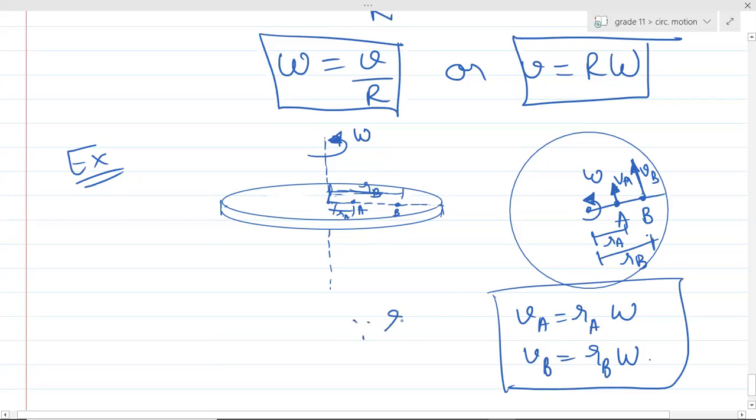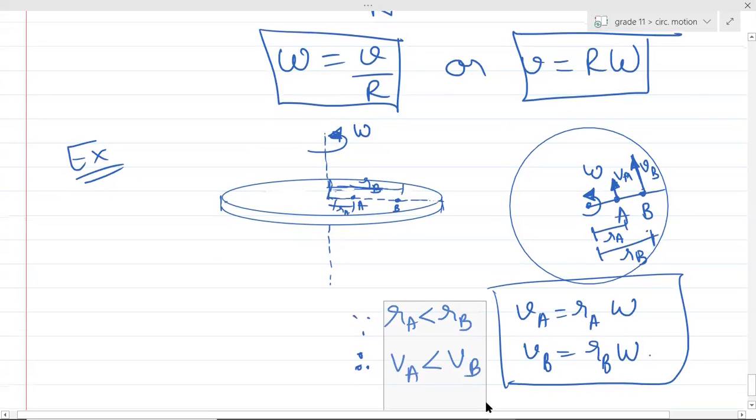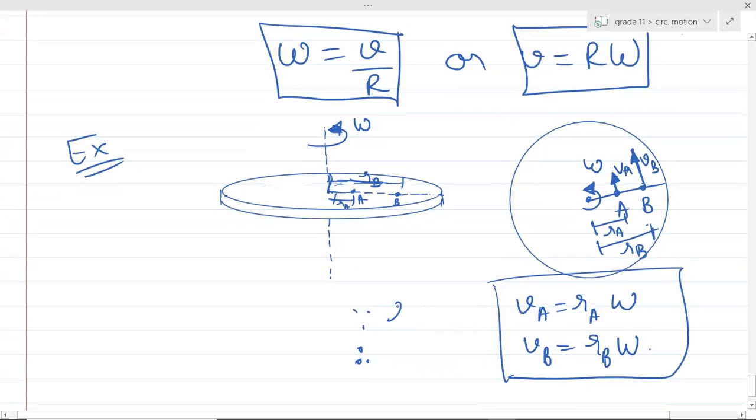We know since RA is less than RB, that implies VA should be less than VB. Yes or no? RB is greater than RA, that implies VB is greater than VA.